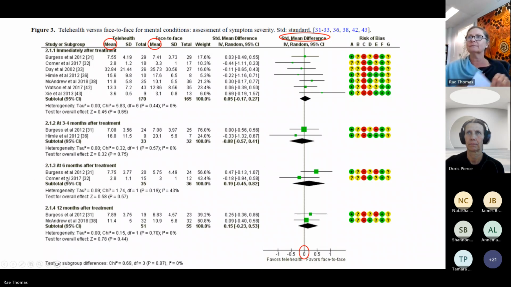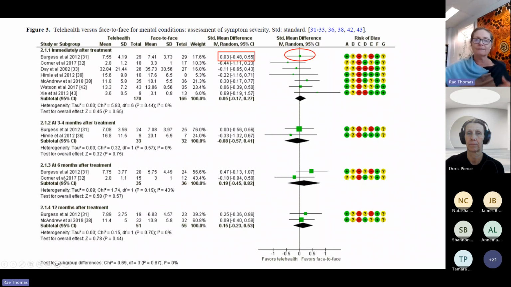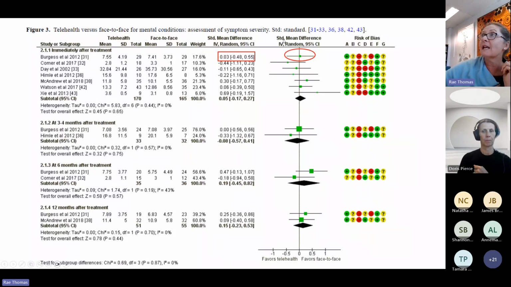Let's have a look. All right. Forest plots do it graphically and numerically, right? Two ways to show you. Those who like pictures and those who like numbers, but it's the same thing, right? So let's have a look here. Up here in the Burgess study, it shows me that their standardized mean difference between telehealth and face-to-face therapy is that green dot there.